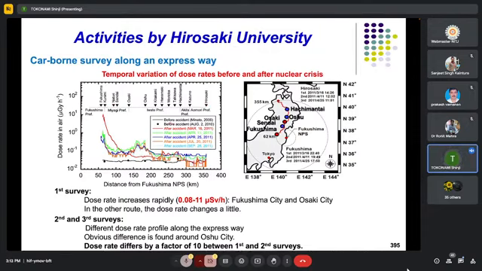As you can see, after the accident, for example March 16, the ambient dose rate in air increased rapidly as we approached Fukushima, very highly. In the first survey, dose rate increased rapidly from 0.08, which is a natural level, to 11 microsievert per hour.